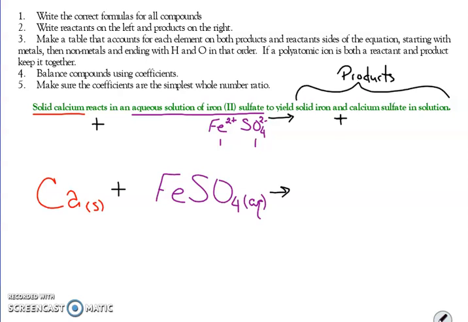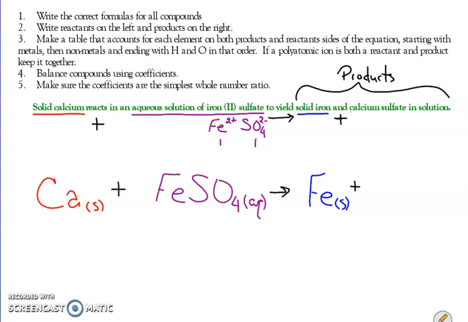We have now reached the yield sign. We're now going to talk about solid iron. So solid iron is right here, and solid iron will be identified as just Fe with a state symbol of S, solid. And, well, calcium sulfate. We've identified what calcium is as an element, but this time it's an ion.